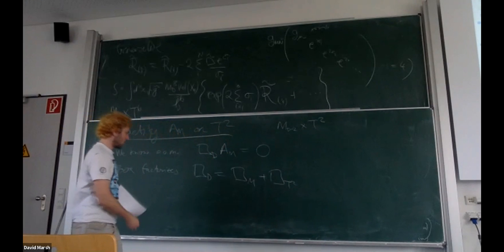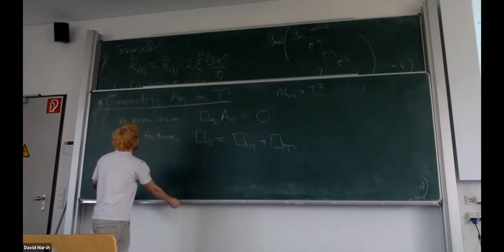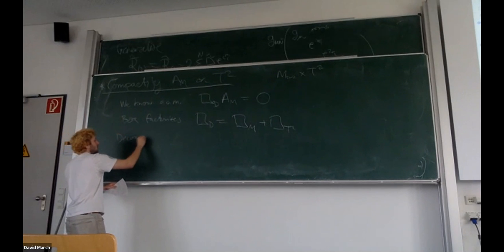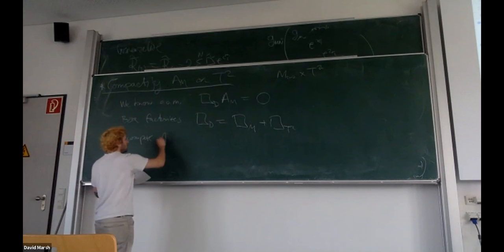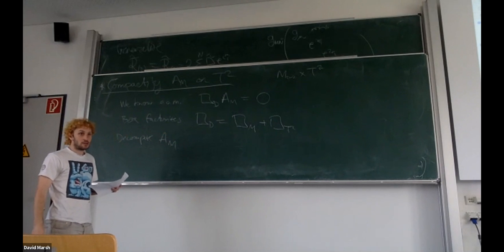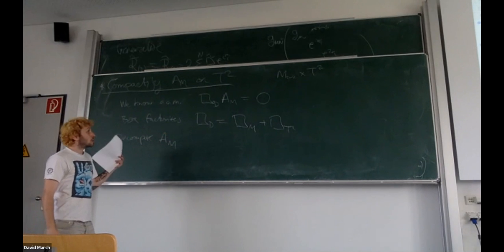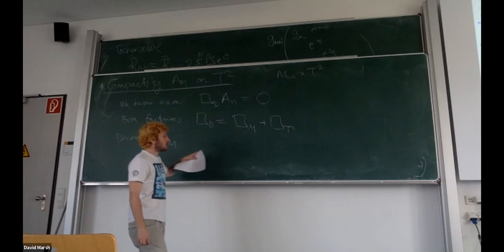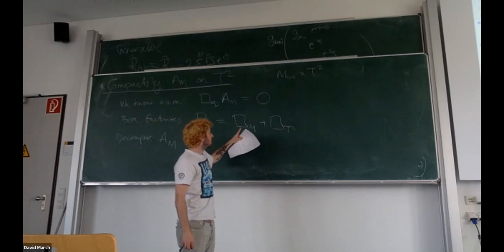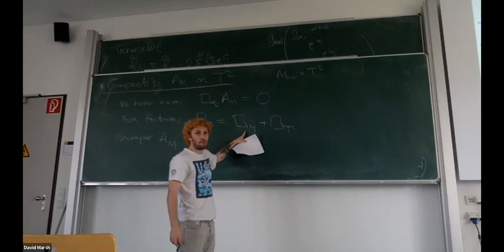So what we're going to do is decompose A_M into a general solution that satisfies our symmetry requirements. We're not going to assume anything about what A_M is doing on the compact manifold because we can't see it, but we're going to assume homogeneity and isotropy in M.